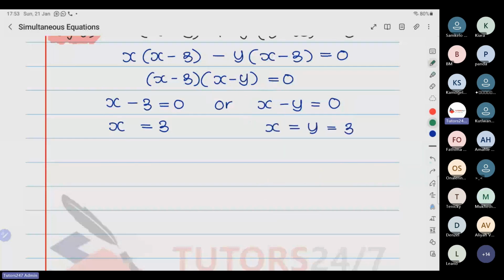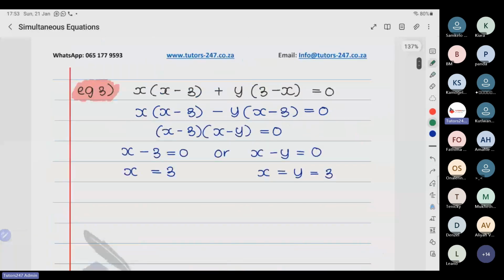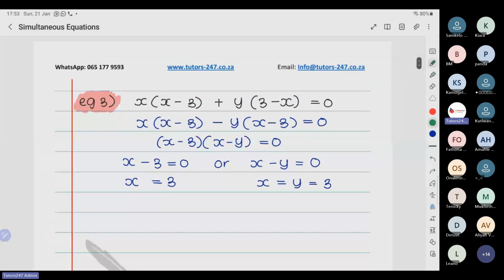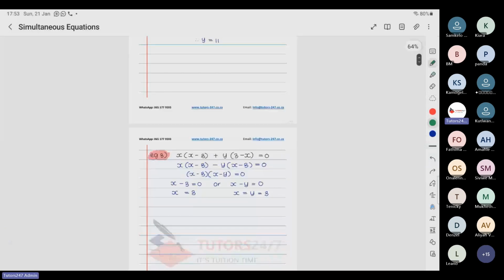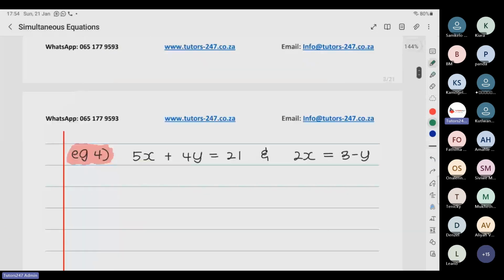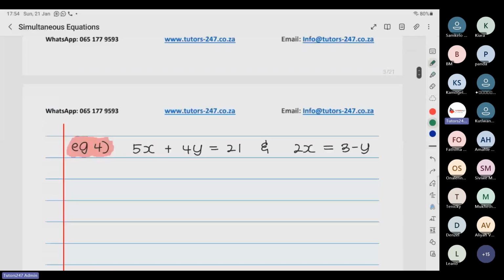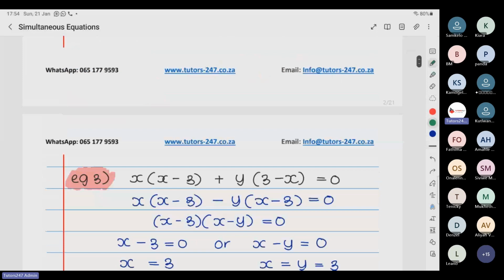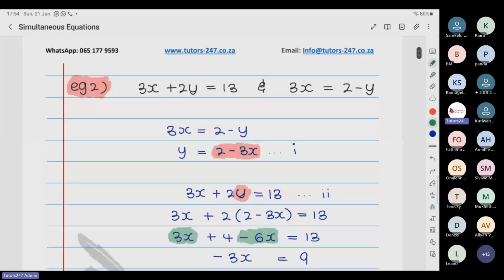Keep in mind, this is still from grade 10. We've not reached any grade 11 stuff as yet. So that's example 3. I think we can even skip example 4. I want us to move on to something that's a bit more challenging. Because if you notice, example 4 is basically the same thing as example 2 and example 1.